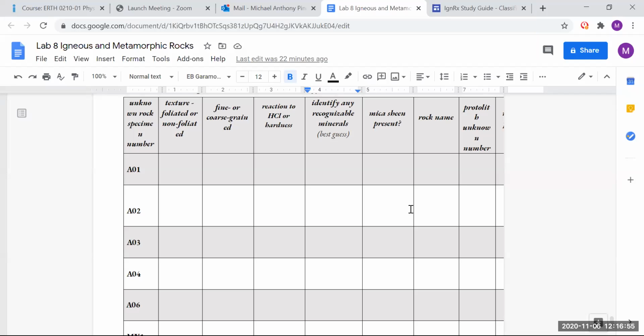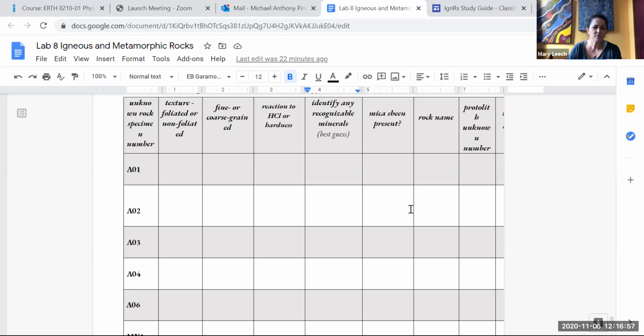But you're also going to match them to a protolith. So you're going to look at their composition, what do they have in them, and think about what kind of rock it had to be originally to get that kind of metamorphic rock. There are unknown protoliths in there, but there's a good visual explanation of all that.